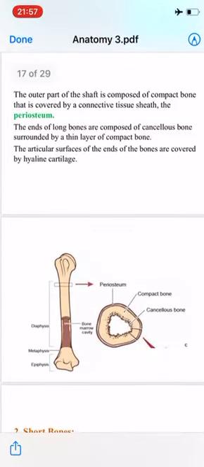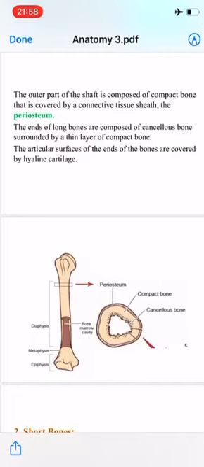And the outer part of the shaft is composed of compact bone. الجزء الخارجي من هذا الشافت is composed of compact bone، العظم الصلد أو الصلب, that is covered by connective tissue يغطيه طبقة رقيقة تسمى periosteum.